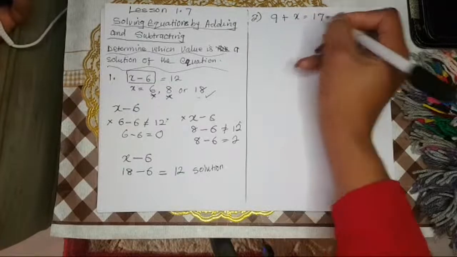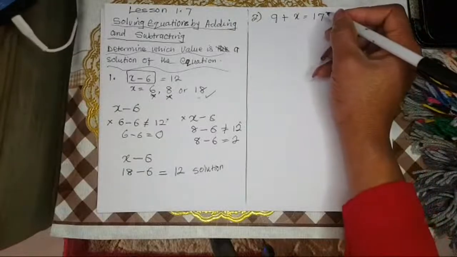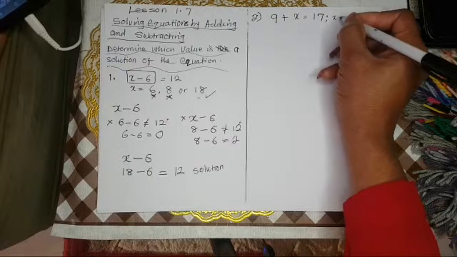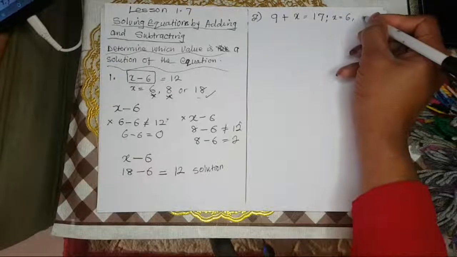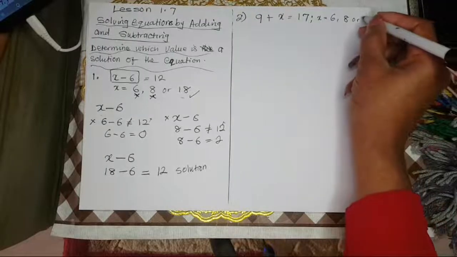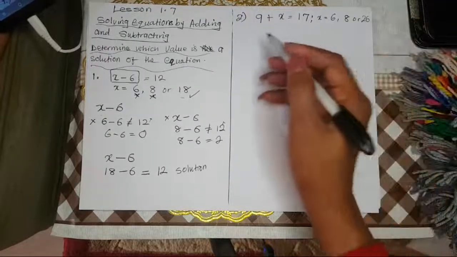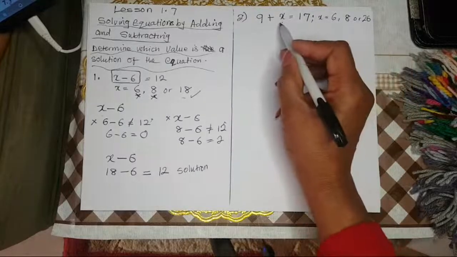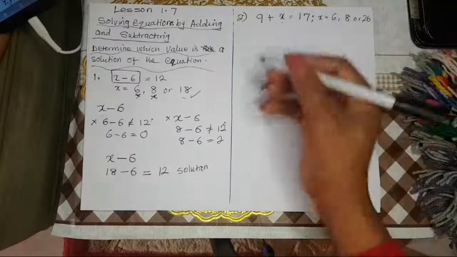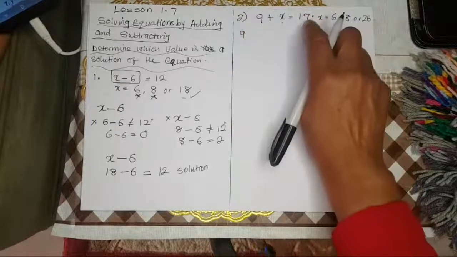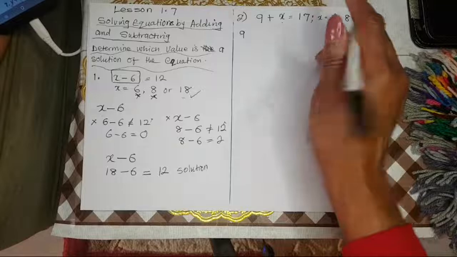So let's look at the figures they are going to use to replace x. x will be 6, 8 or 26. So anywhere you see x, you put 6, anywhere you see x, you put 8. We're going to put all of them, so we'll see which one is a solution. Remember, the solution we're looking for is 17.